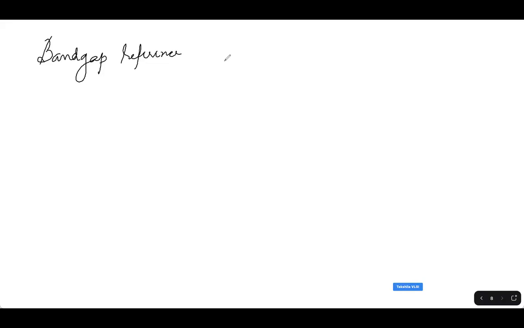And for silicon, the band gap happens to be 1.2 volt. And this circuit can also generate a voltage of around 1.2 volt, almost always. That's the reason we call it band gap reference, because the band gap reference output voltage is also very near to 1.2 volt.